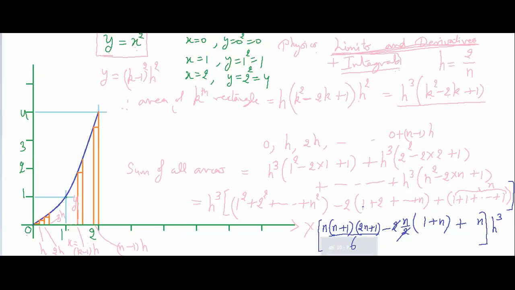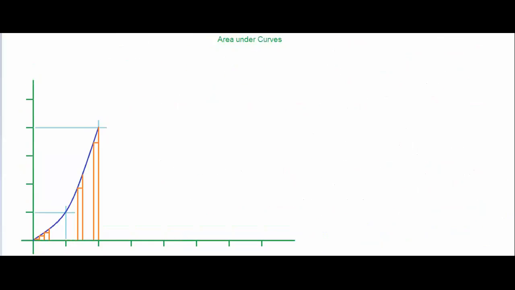So we have this thing to be calculated: n into n plus 1 into 2n plus 1 divided by 6, minus, 2 was cancelled, only n into n plus 1 was left, plus n, into h cube.